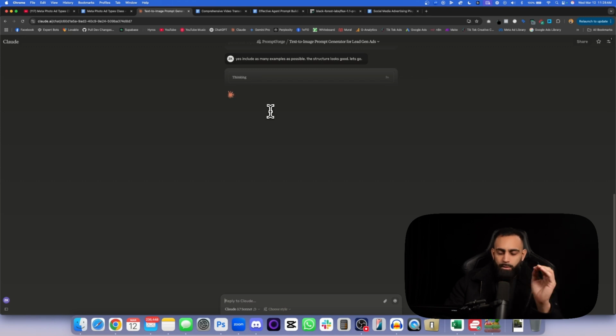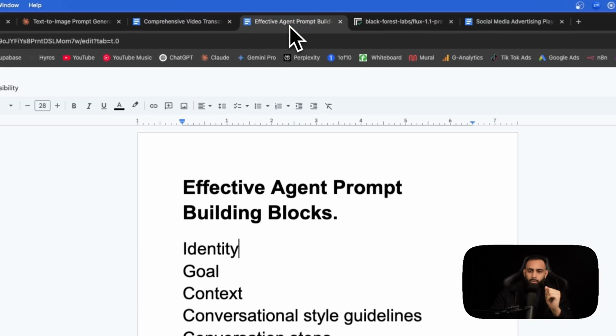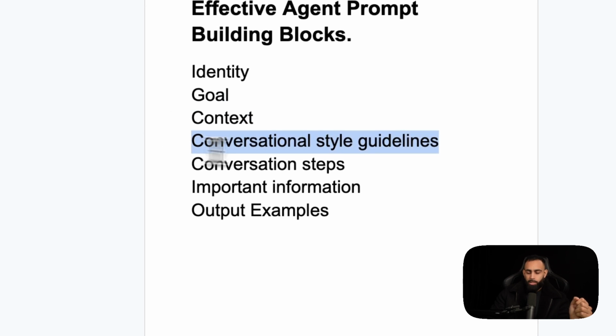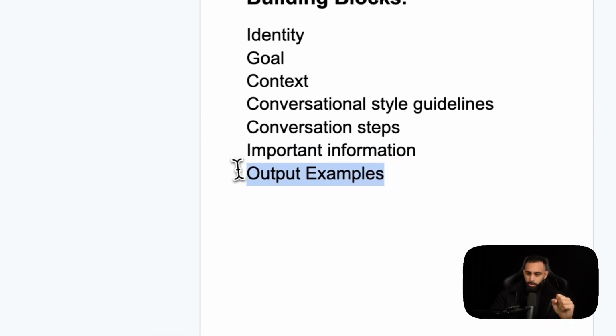You see that it broke down the agent into specific building blocks, which I've created here. This is literally the best set of building blocks you could utilize to create any agent, right? You always got to give it an identity, goal, context, conversational style guidelines, conversational steps, right? So we break everything down in chunks. Important information that you must know or adhere to, and output examples, okay?